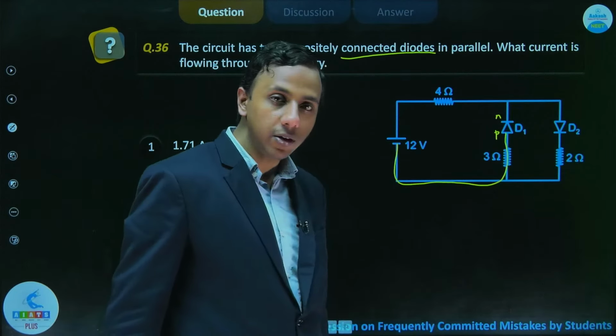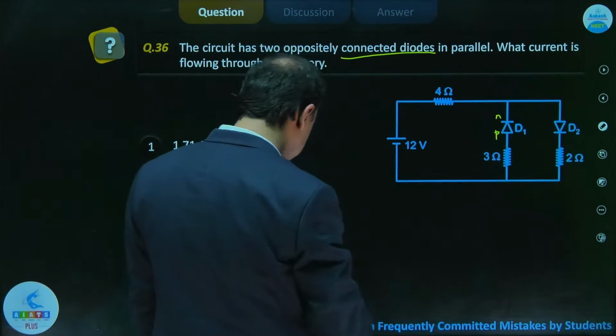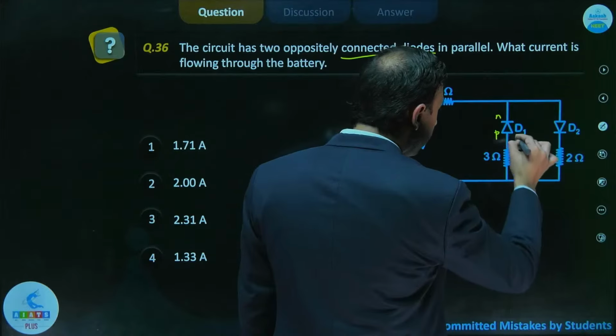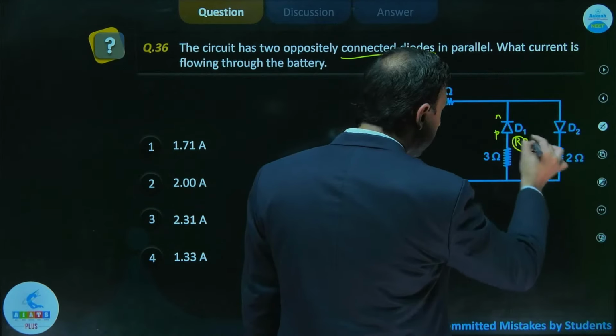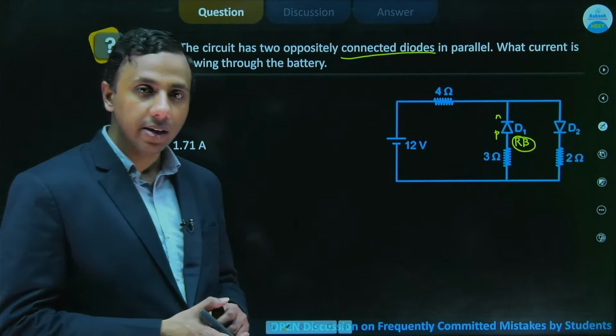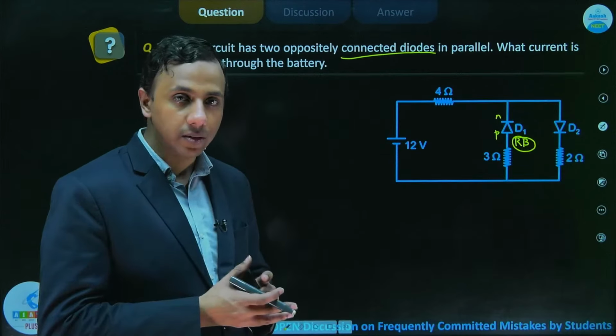Therefore, this is your reverse bias diode. So, my dear friends, this is reverse bias. And remember, in reverse biased, it will offer the highest resistance, right? And especially if it is an ideal diode, it will offer infinite resistance.